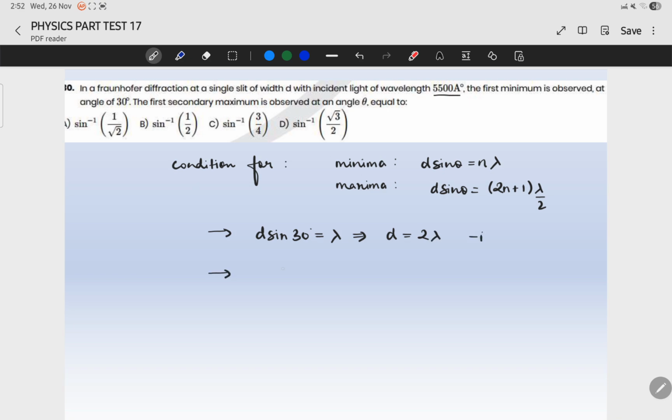Now the question is for secondary maximum. For secondary maximum, d sin theta will be equal to 3 lambda by 2. We put n is equal to 1. So from here, sin theta is equal to 3 lambda by 2d, and d value is 2 lambda.